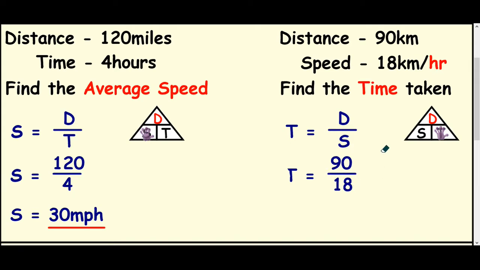When you're doing this, you're trying to work out the unit of time as well. You don't just do the 90 divided by 18, which is going to give you 5, but we need the unit of time. We look up to the speed and you can see it's in hours, so it's kilometres per hour. So there's your final answer, 5 hours.